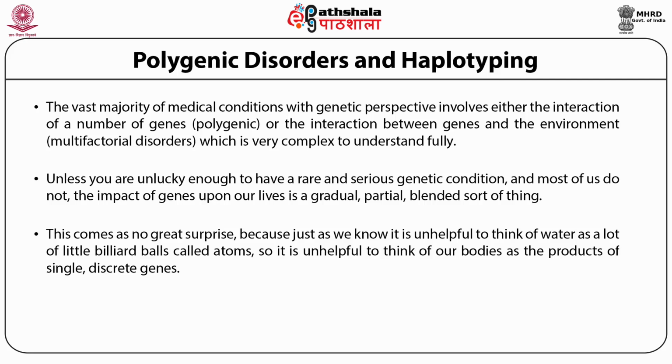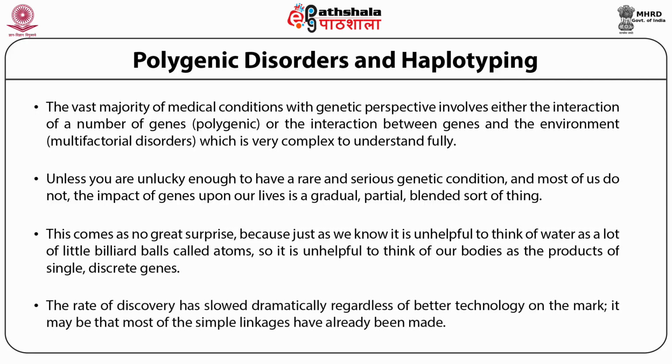According to Ridley 1999, a total of 14,014 genes have been mapped and reported to individual chromosomes, out of which 1,639 genes are associated with genetic disorders, as suggested in the Human Genome Database published in 2002, as per Kent et al. 2002. The rate of discovery has slowed dramatically regardless of better technology. It may be that most of the simple linkages have already been made.